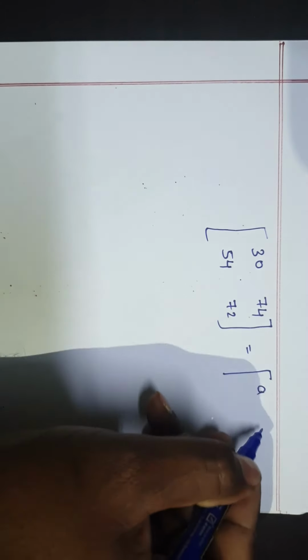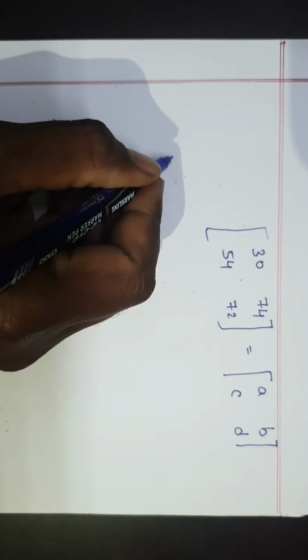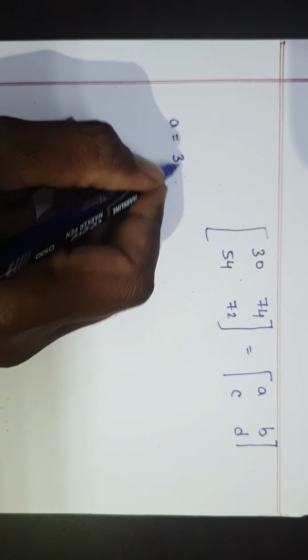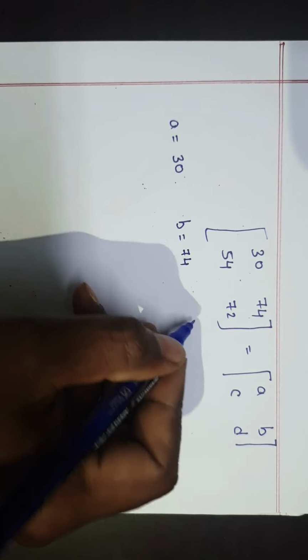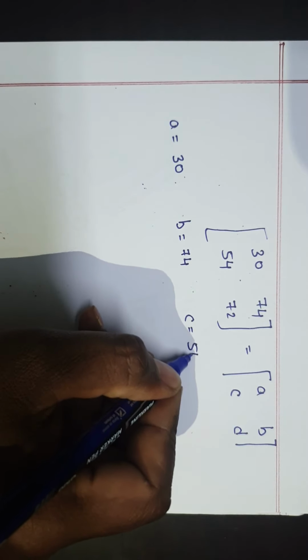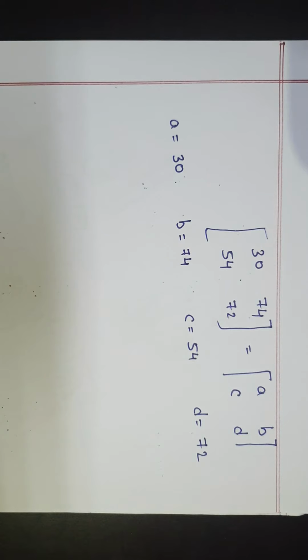You have to equate this with A, B, C and D. So A is equal to 30, B is equal to 74, C is equal to 54, and D is equal to 72. Here you got the values of A, B, C, D. After getting these values, what do you have to do?